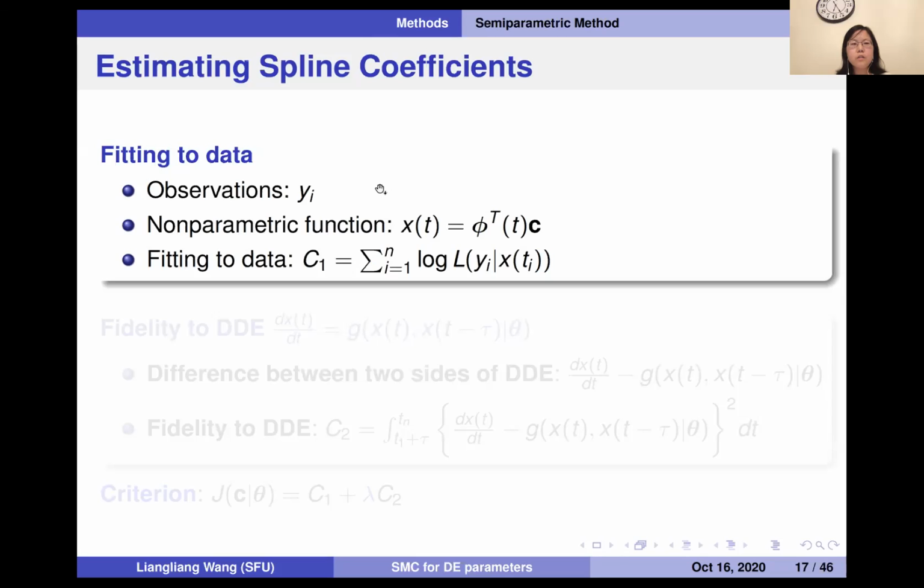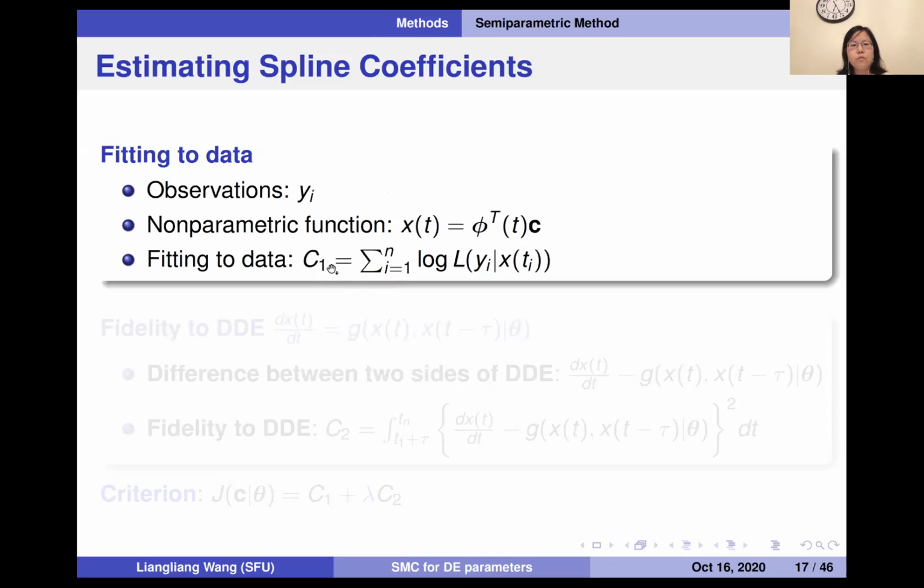In order to estimate the basis function coefficients and the parameters, we consider two criteria. One is fitting to data. We have our observations y_i, and we have our non-parametric function x of t represented using the basis function expansion. The fit to data is evaluated using the log likelihood function.